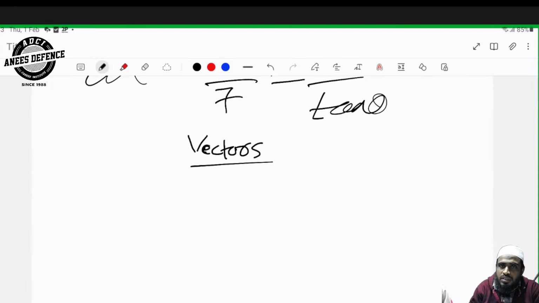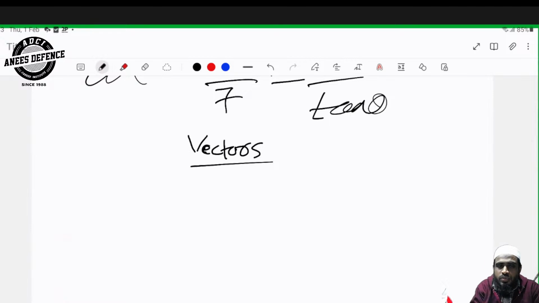Scalar means a physical quantity which only has magnitude, no direction. For example, if you are purchasing some sugar, we will say 2 kilogram, 3 kilogram.